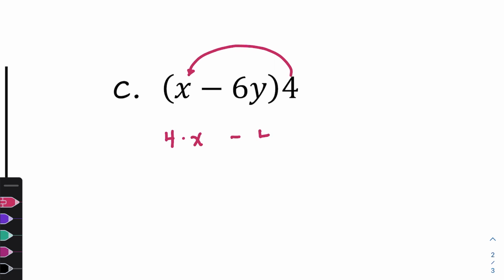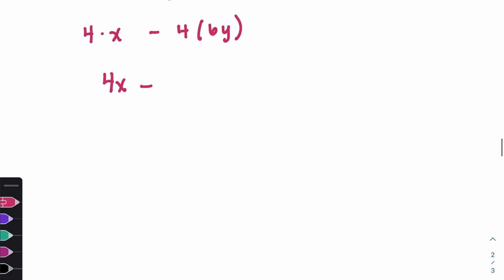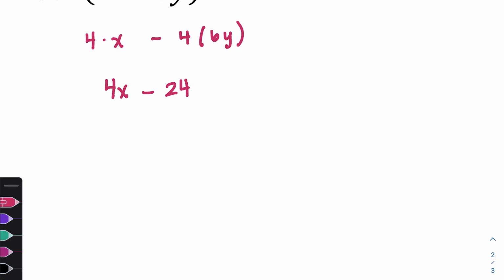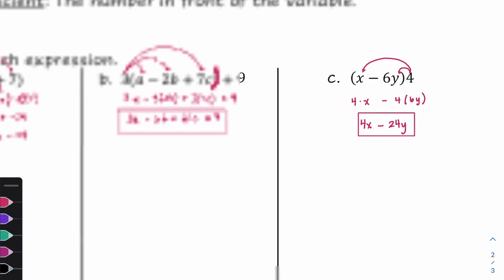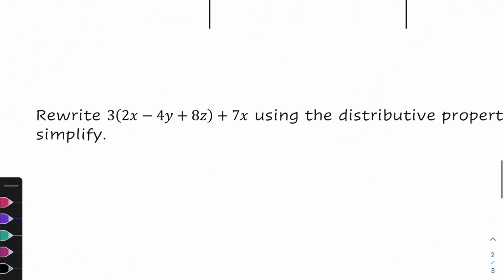So I have 4 times x minus 4 times 6y. 4 times x is 4x, minus 4 times 6y is 24y. Double check. Maybe I boxed too early. My first term has an x. My second term has a y. They are two different terms, so we're done with that problem.